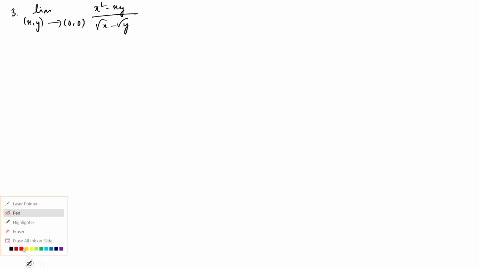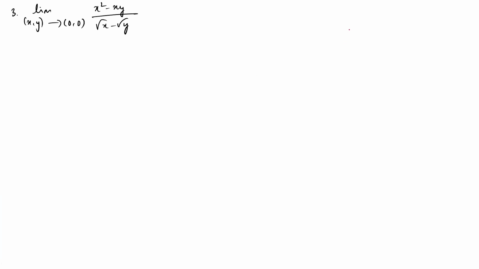So the third problem that we are going to see is the limit as (x, y) approaches (0, 0) of x squared minus xy upon under root x minus under root y. For which here it is not going to work out.